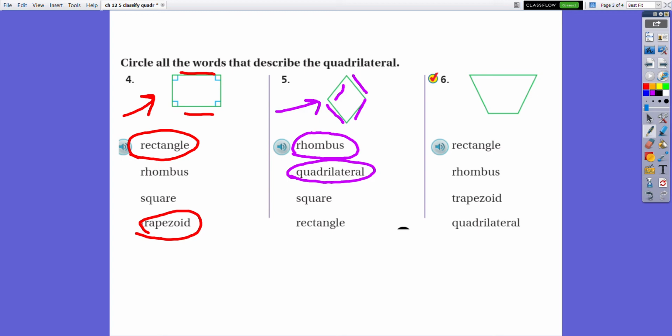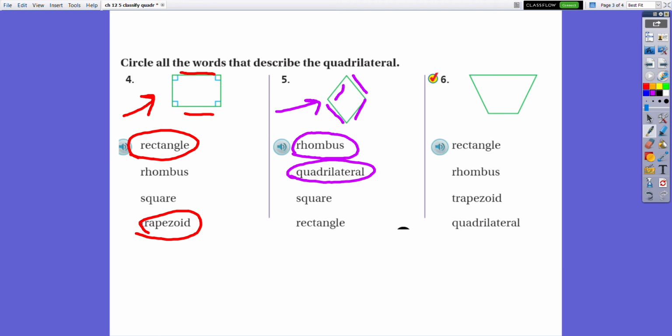Now, is this a rectangle? To tell this is a rectangle, we have to have two pairs of equal lengths and another two pairs of equal lengths. So this is not a rectangle, because we have four sides of equal length. So this is a rhombus and quadrilateral.